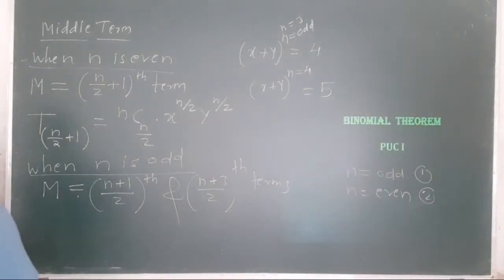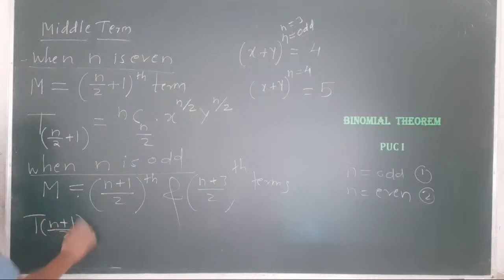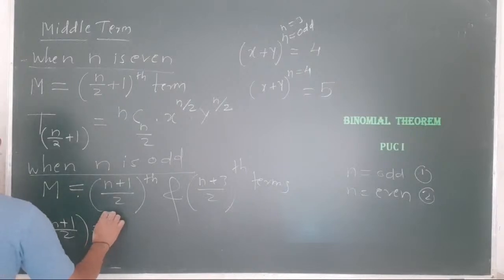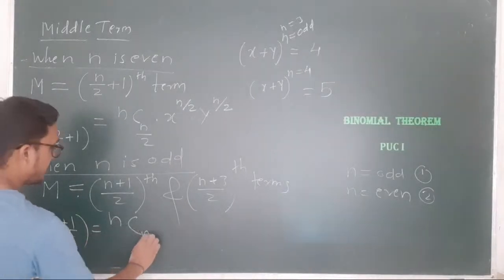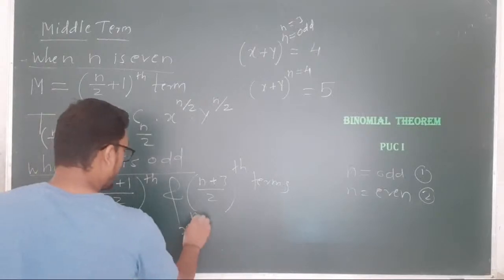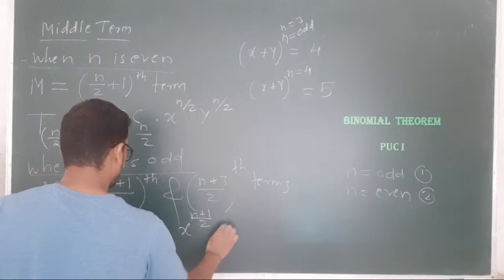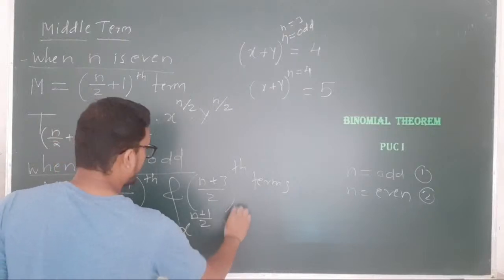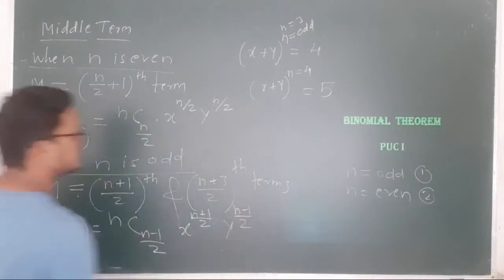And for this general term, this is T of n plus 1 upon 2. T of n plus 1 upon 2 can be written as, see here, that is nC n minus 1 upon 2 into x to the power n plus 1 upon 2 into y to the power n minus 1 upon 2.